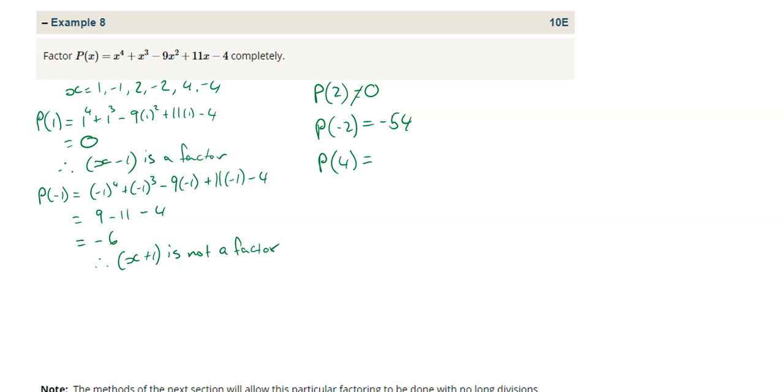Actually, I'm going to do negative 4 first because the negative's already in there. And then p of 4.